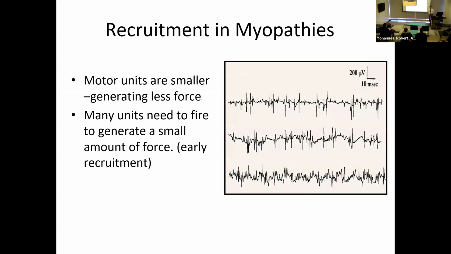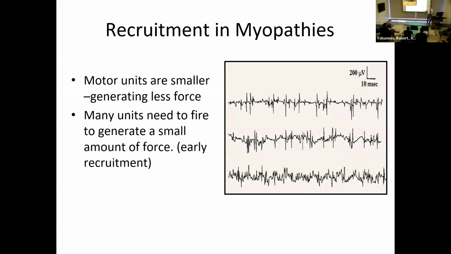The other side of the coin, as we said, is when we have the same number of units, but the units themselves in a myopathic situation have lost the muscle fibers. So the neurons are okay. The number of the motor units is normal, but each one of them has fewer muscle fibers, less force.